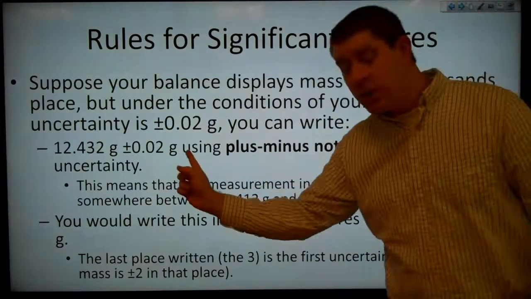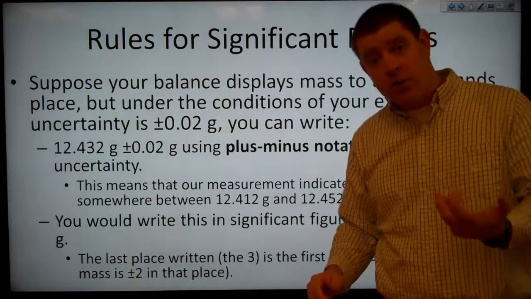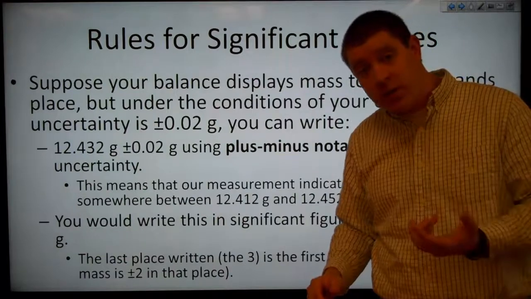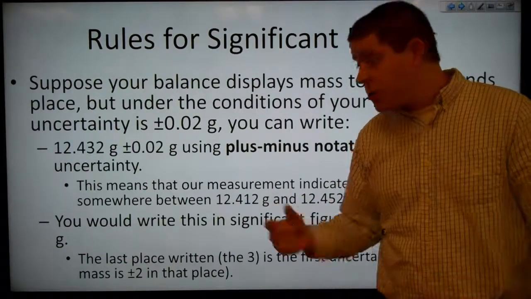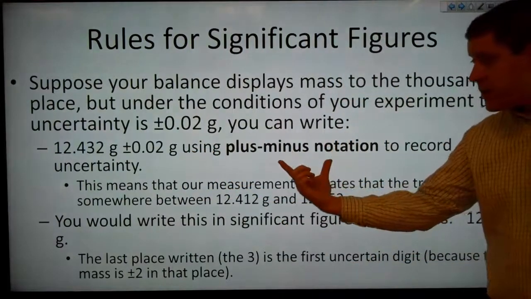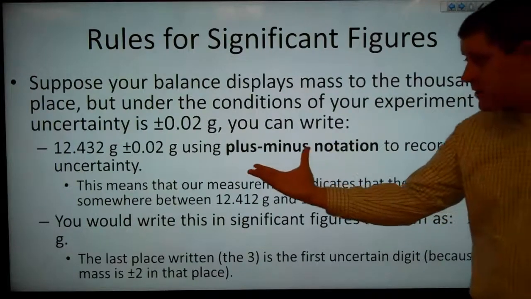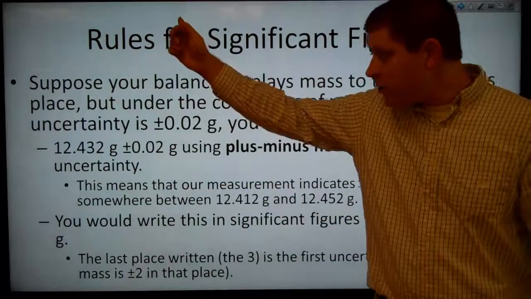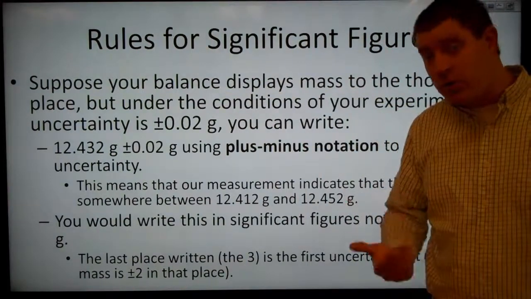It's important to keep the unit in there, because sometimes we write uncertainty in the absolute units, and sometimes we write it as a relative uncertainty, something like 2%. So we want to keep the unit there. This is plus-minus notation, and this is recording our uncertainty. So now we know that our value is 12.432 grams plus or minus 0.02 grams.